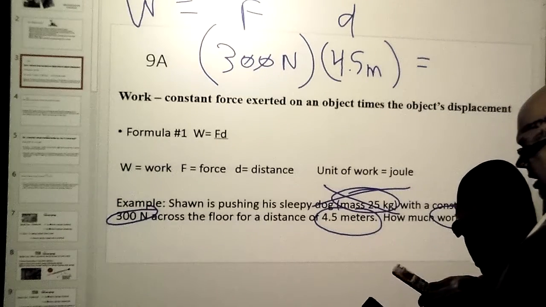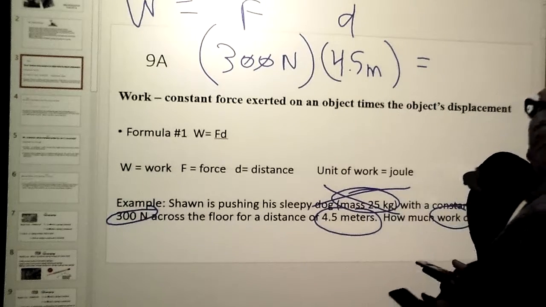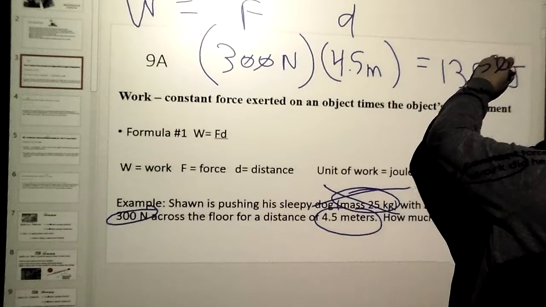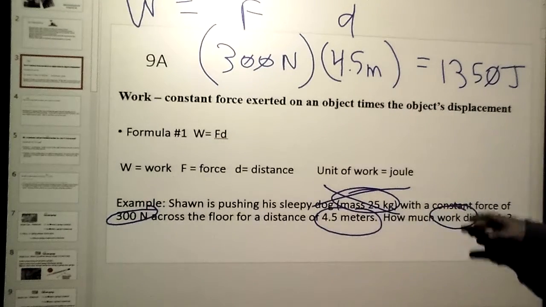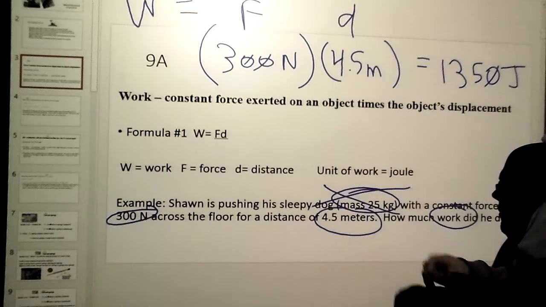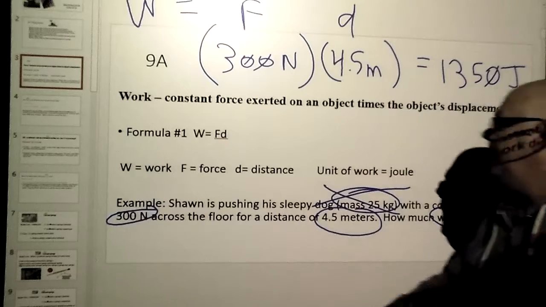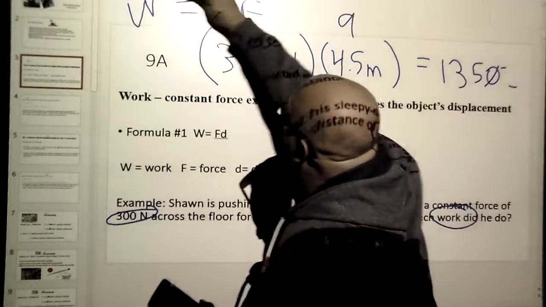Okay, so 300 times 4.5 equals 1,350 joules of work has been done for pushing this dog that happens to weigh 25 kilograms 4.5 meters. Okay, so that's it for this first problem dealing with work.